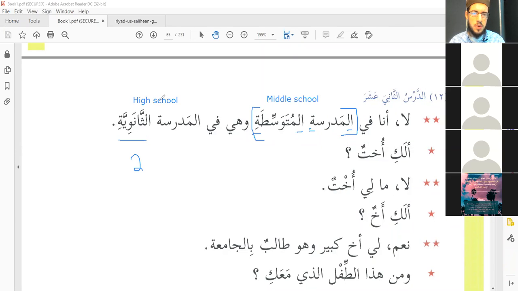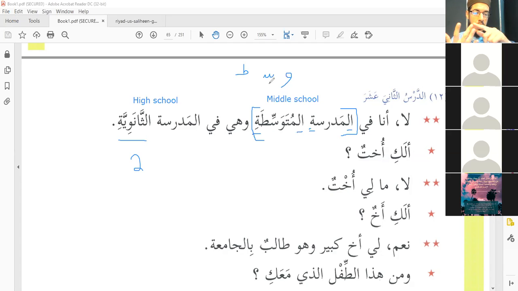I colloquially translated it here as high school because in America we use the word high school much more than we say secondary school. The middle school is literally translated because the root wow sin ta means the middle of something. Allah Ta'ala says in the Quran for us to be an ummatan wasatan, a middle ummah, right?